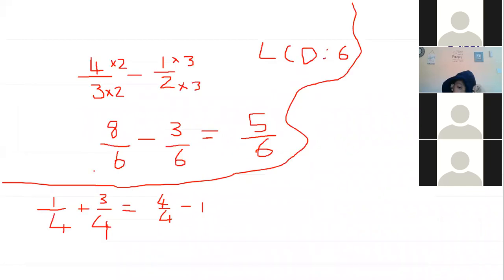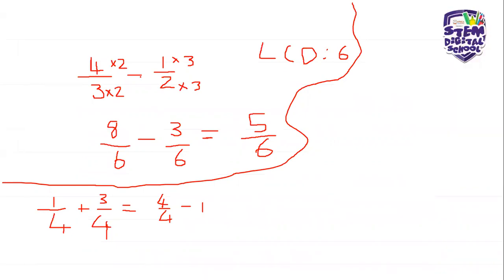Are we done writing down this? Can we quickly write this down as quick as possible? Just quickly write it down and then tell me in the chat if you are finished.